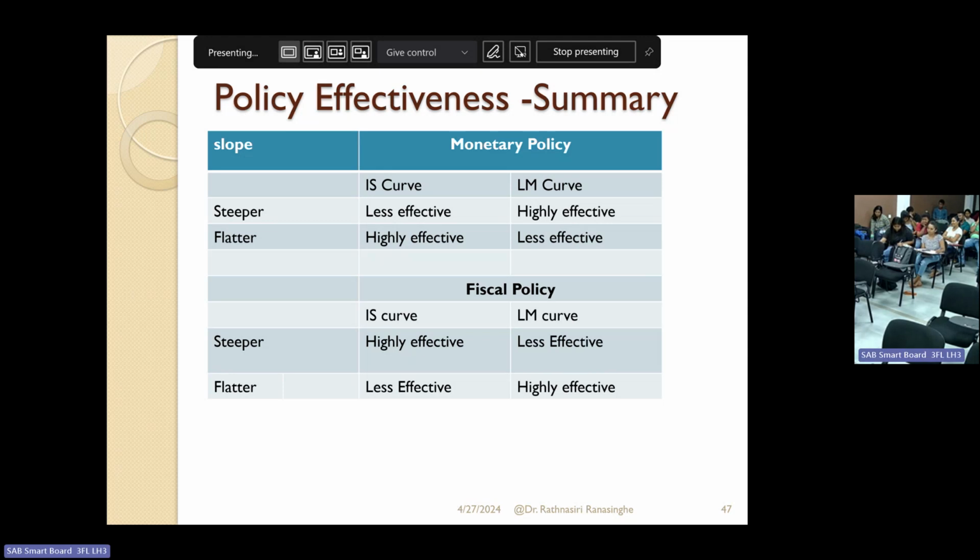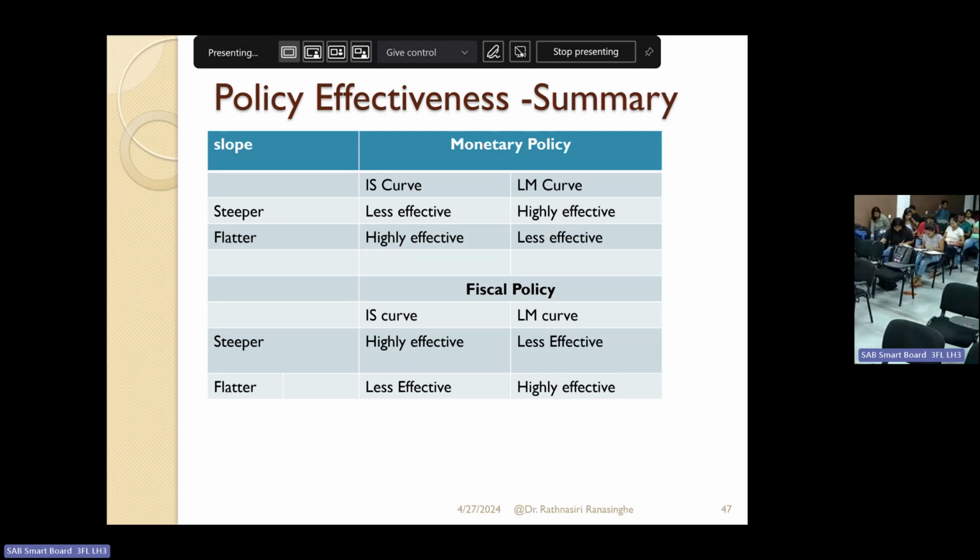Here, take the I1 low and I1 high cases. Can you draw the curves and see? Quickly, can you draw the curve and tell me which one is more effective? Draw the initial situation, the initial equilibrium.